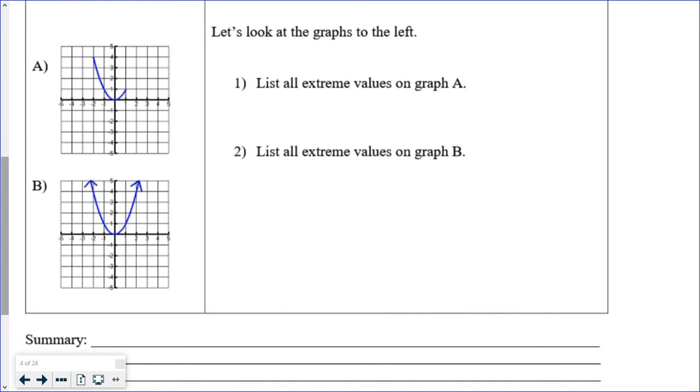I want you to look at these two graphs at the bottom of your page, and list all the extreme values on both of them.